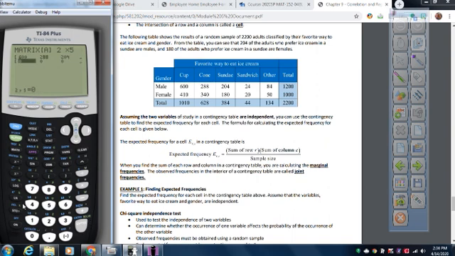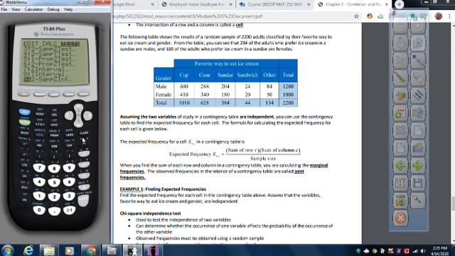And then the second row, 410, 340, 180, 20, and 50. And so once you have it in there, all you do is go to Stat, go over to Tests, go down to chi-squared test, hit enter, and enter.